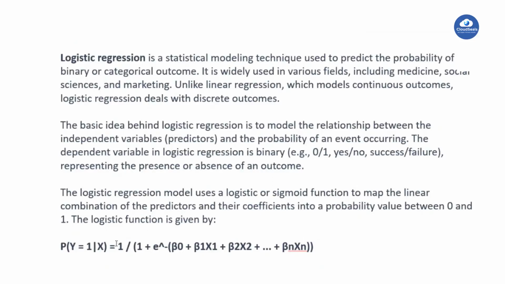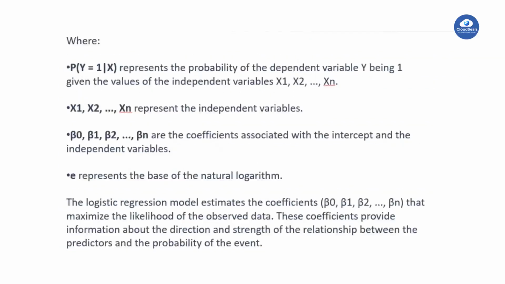So this is the function: 1 by 1 plus e power of the linear regression equation, beta naught plus beta 1 x1. By using this function, it calculates the probability of the outcome. X1, x2 are the independent variables, and beta naught, beta 1, beta 2 are the coefficients.